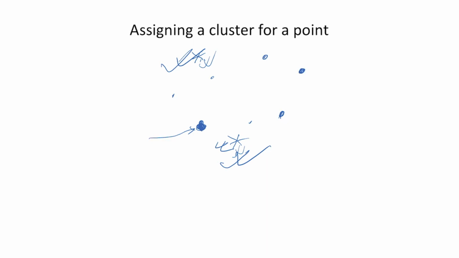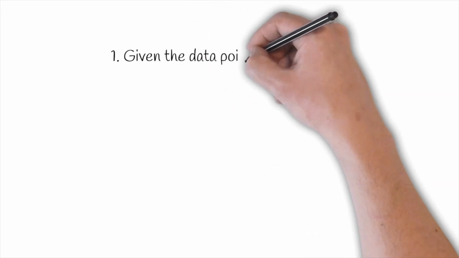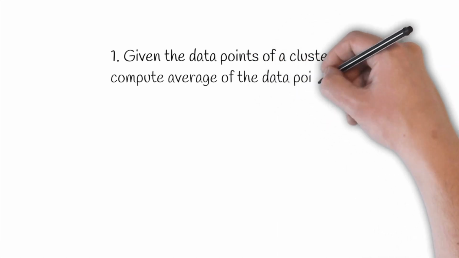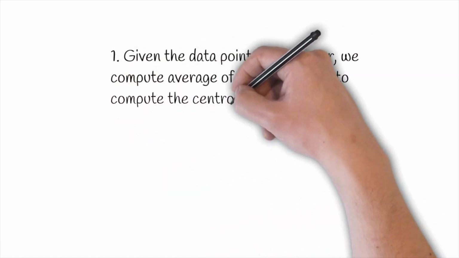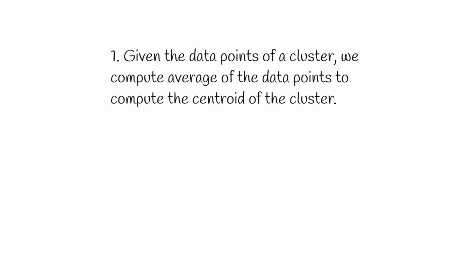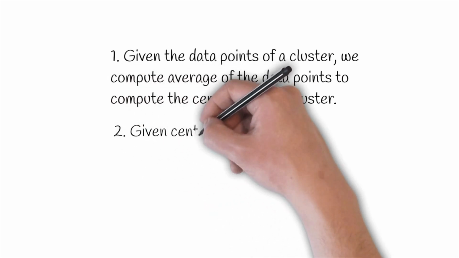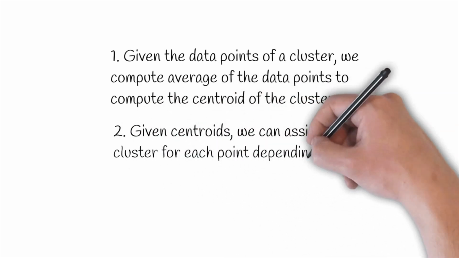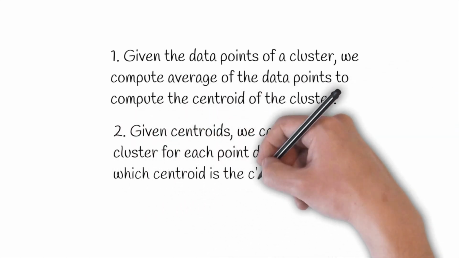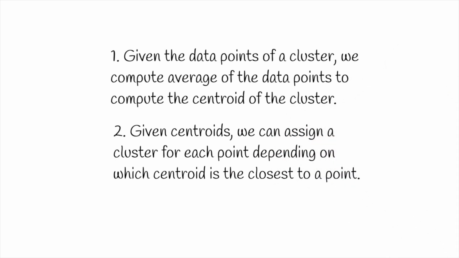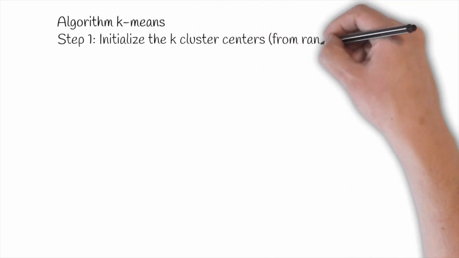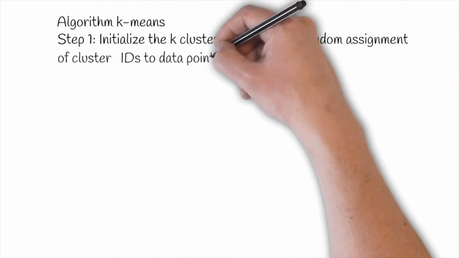Hence, there are two things to remember. Number one, given the data points that have the same cluster IDs, we can compute the average of the data points to compute the centroid of the cluster. Number two, given centroids, we can assign a cluster for each point depending on which centroid is the closest to the point. The k-means clustering algorithm starts by random assignments of cluster IDs to each point.